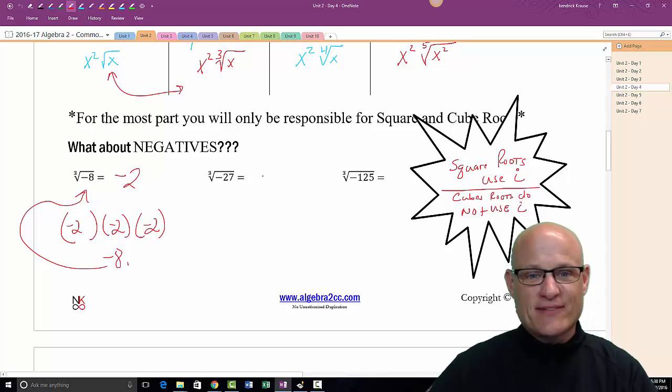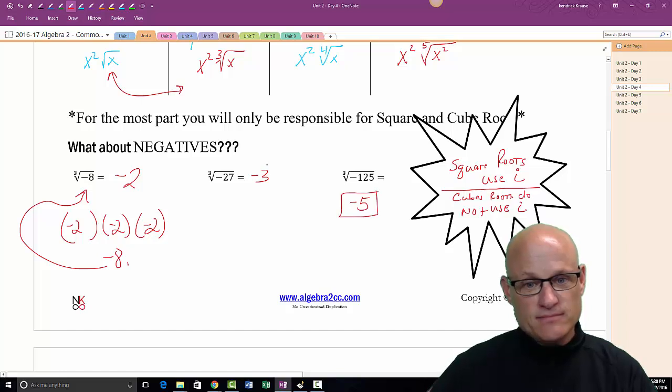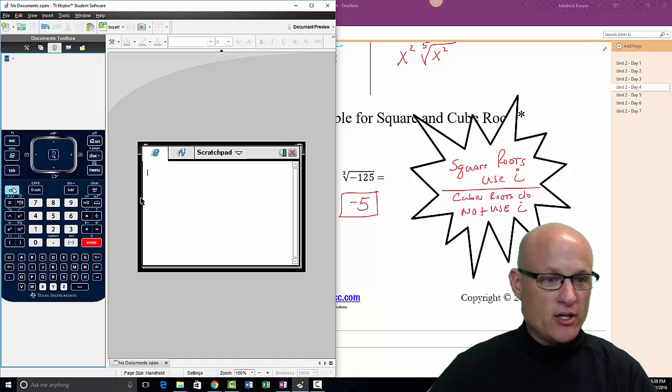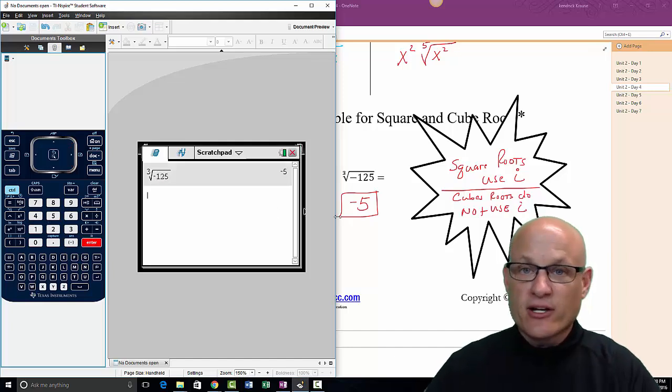The cube root of -27 is -3. The cube root of -125 is -5. And you can test this on your calculator. What is the cube root of -125? If you forget that you can do that, there it is, pops out.